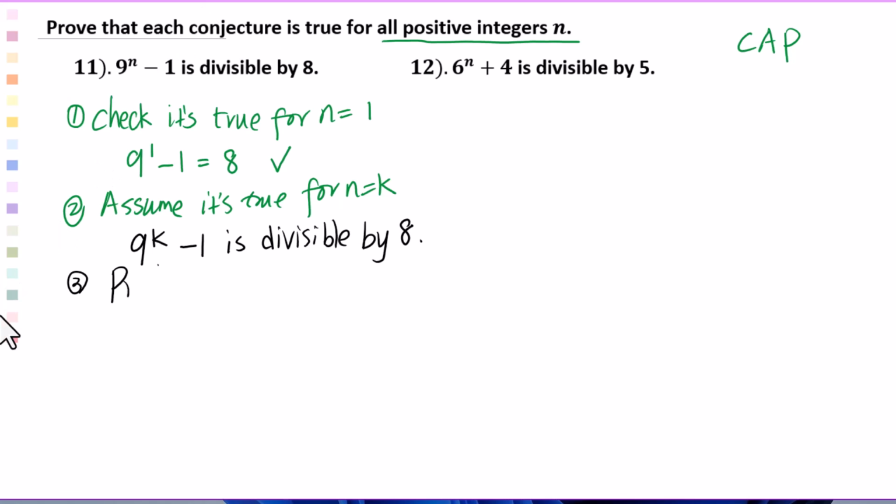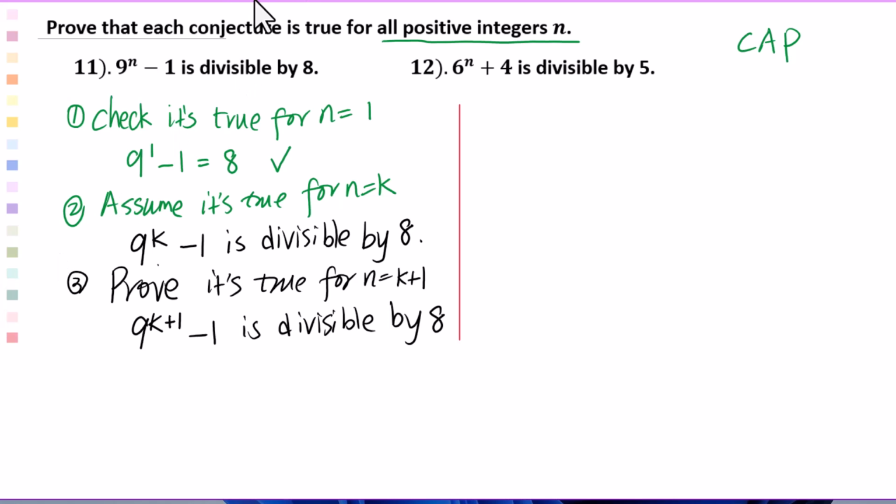We want to prove it's true for n equals k plus 1. So we want to prove 9 to the k plus 1th power minus 1 is divisible by 8.